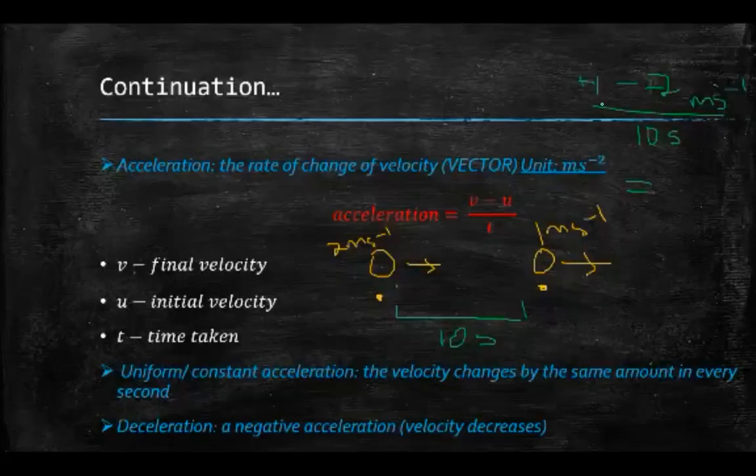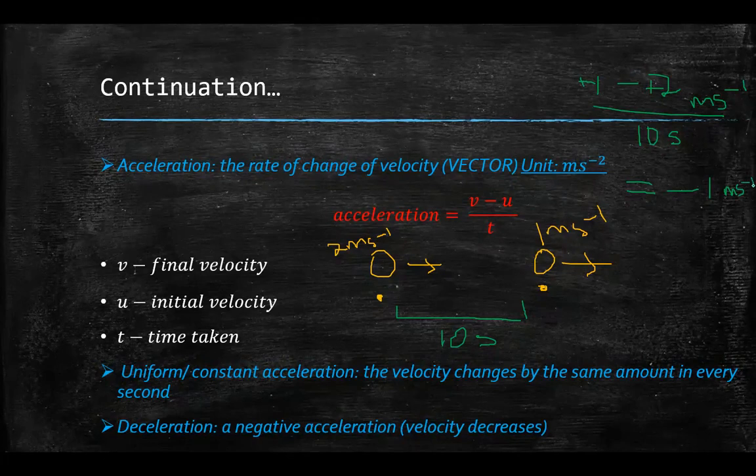Positive 1 minus positive 2, that's going to give me minus 1 meter per second, and then 10 seconds. So I would say, okay, 0.1 meters per second squared.